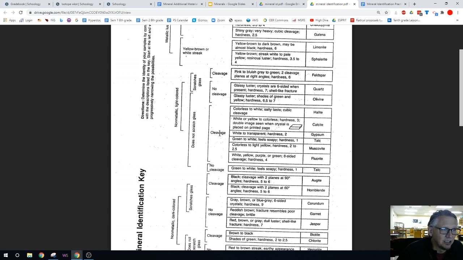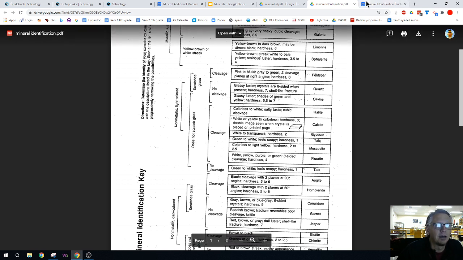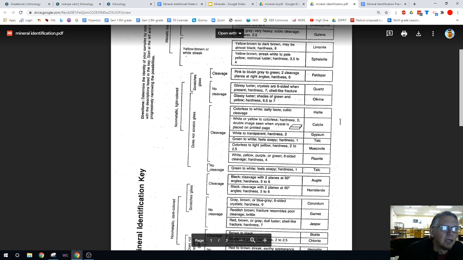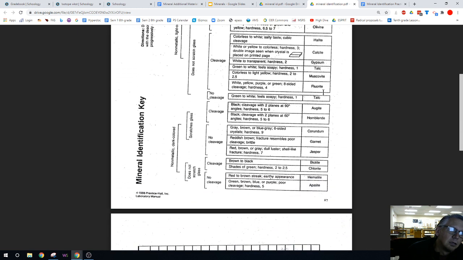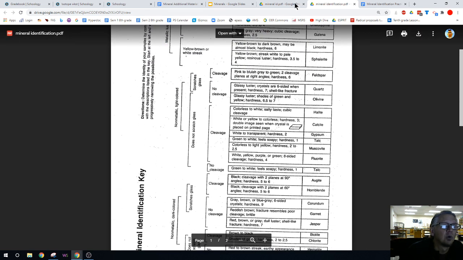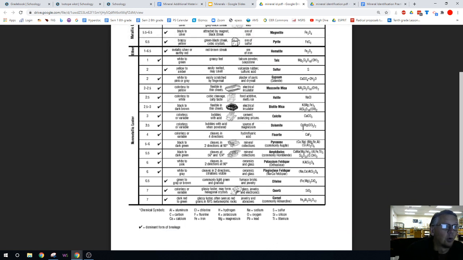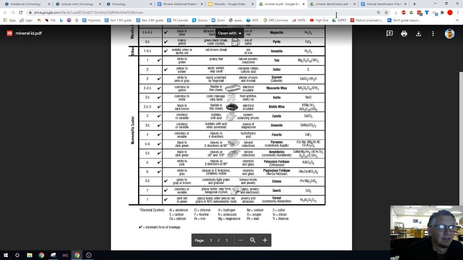So it has cleavage, softer than glass, and non-metallic light colored. Could be calcite. Diamond is not even on this one, and not on that one. You know why? Because I'm not going to give you diamond.